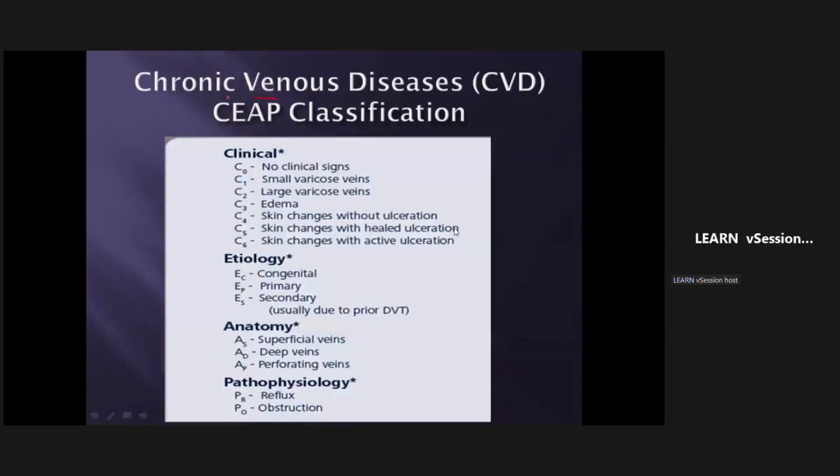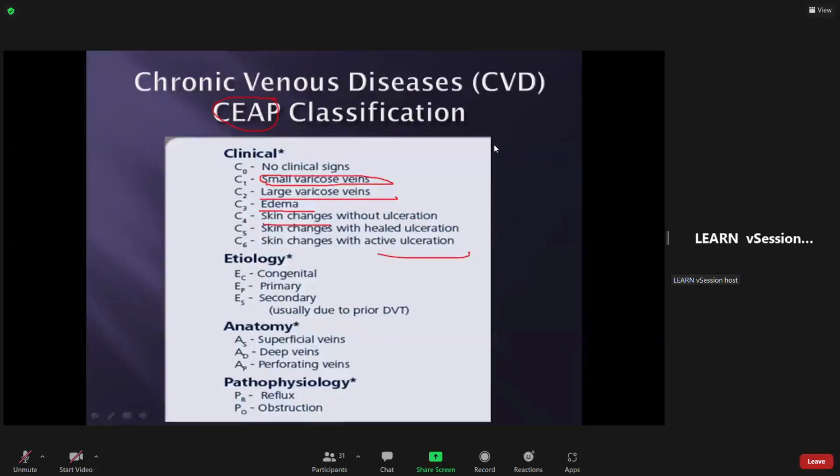So you can see clinically, other than the varicose veins, you get other things. So what they have said as small varicose veins are the reticular veins and the spider veins. Okay, so you get edema, you get skin changes, you get ulcerations, everything under clinical grading of chronic venous diseases, and each of the things is given a number.